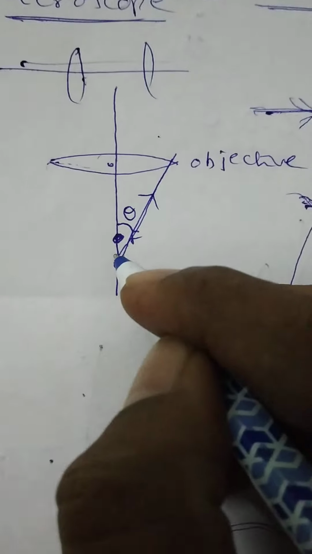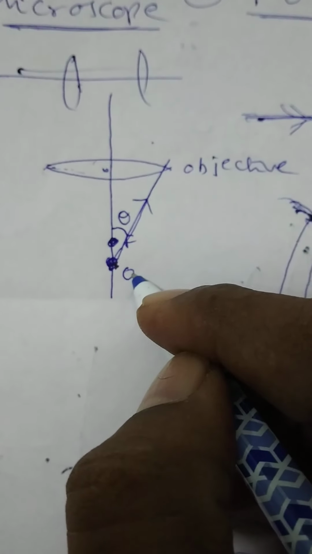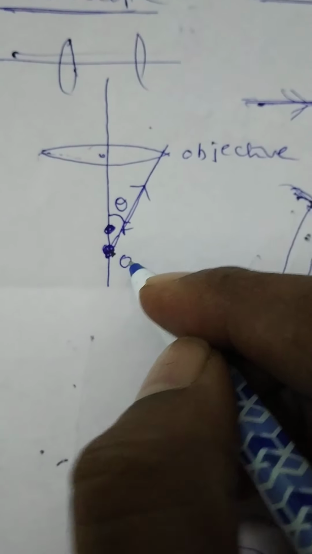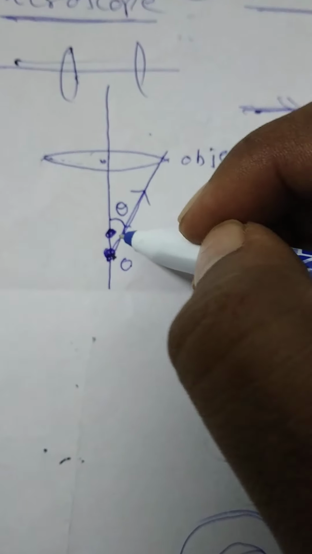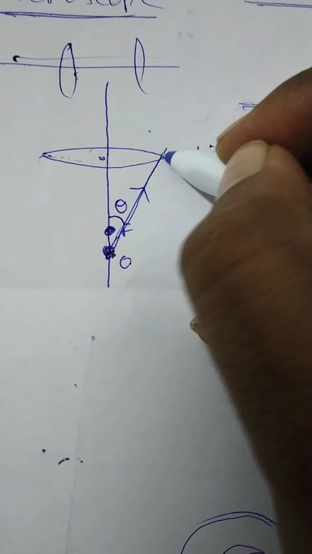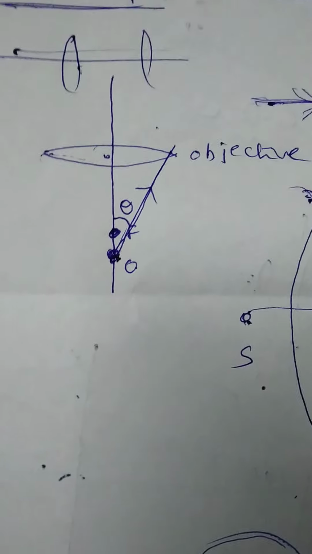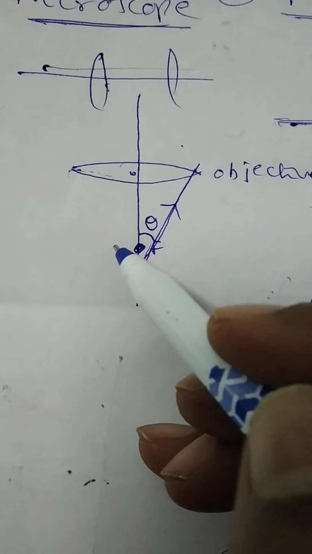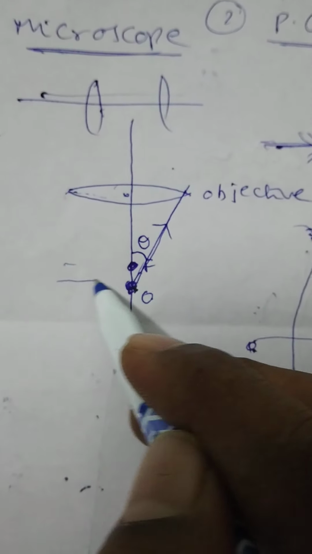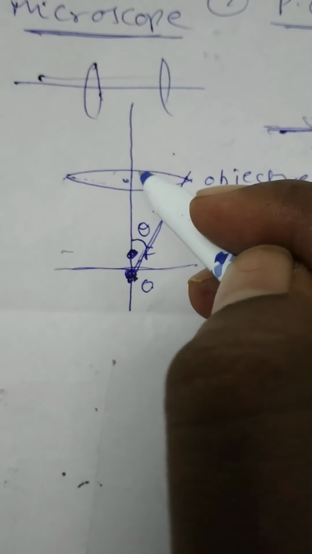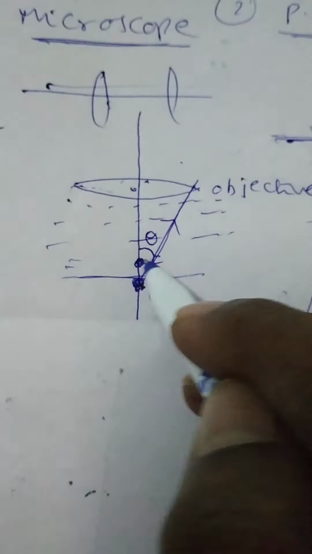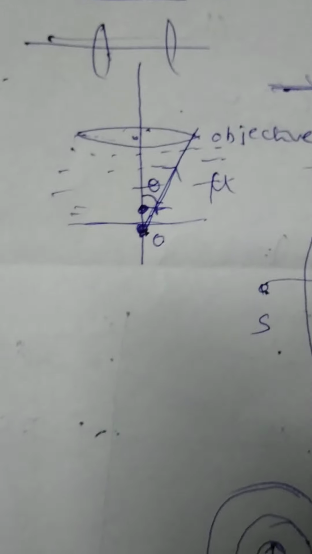Theta is the angle made by the light ray incident on the margin of the lens with the optic axis, and between the object and the lens there is a medium whose refractive index is mu.